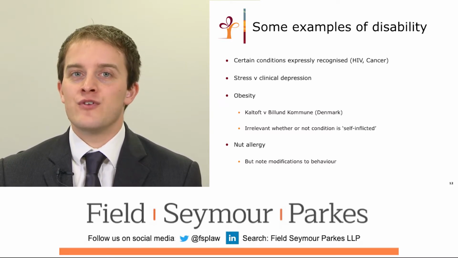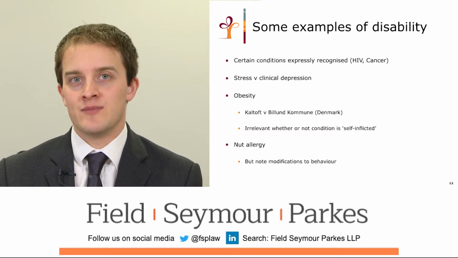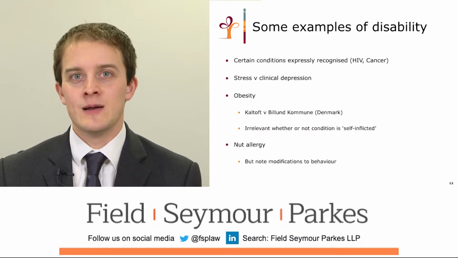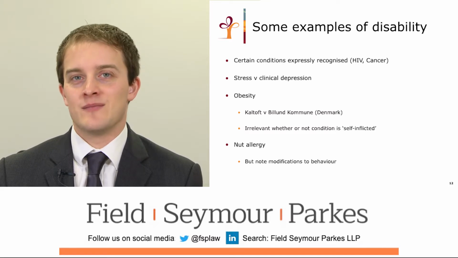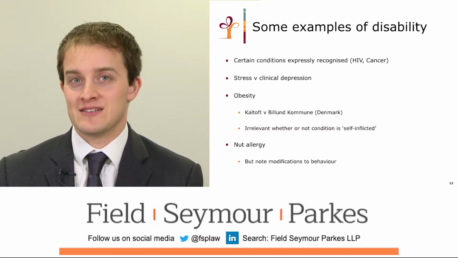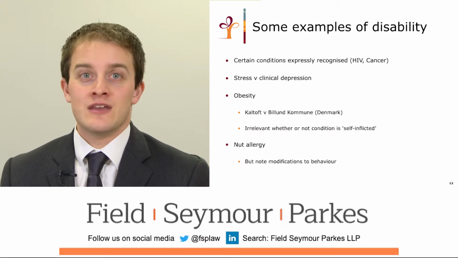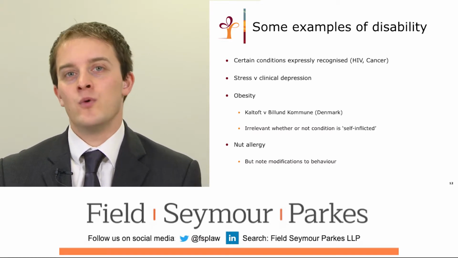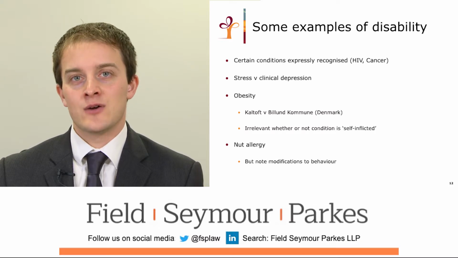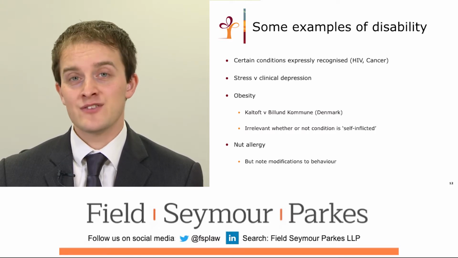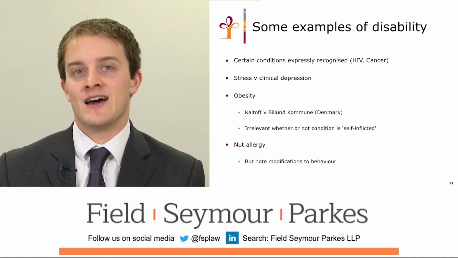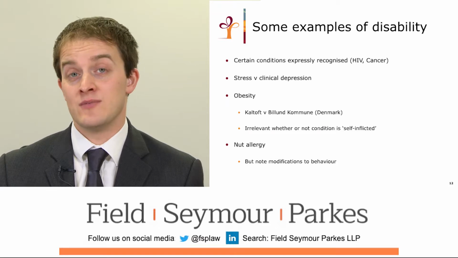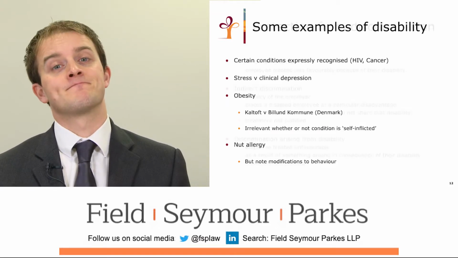Whereas if that allergy is only brought on by you yourself eating those foods, so nuts or whatever it might be, then you can reasonably be expected to avoid that behaviour, and in those circumstances, the nut allergy or other similar allergy wouldn't amount to a disability under the Equality Act. So the methods that you can take to avoid the effects of a health condition can be relevant in some circumstances.